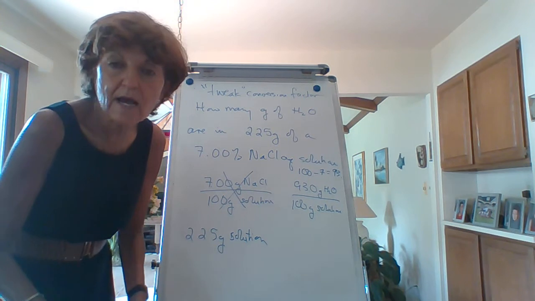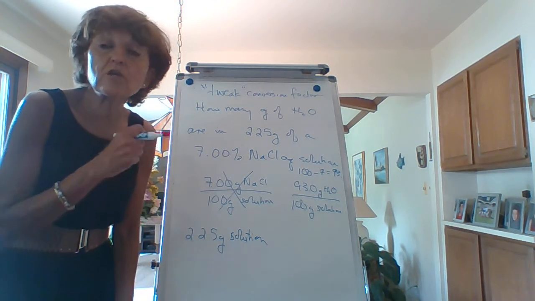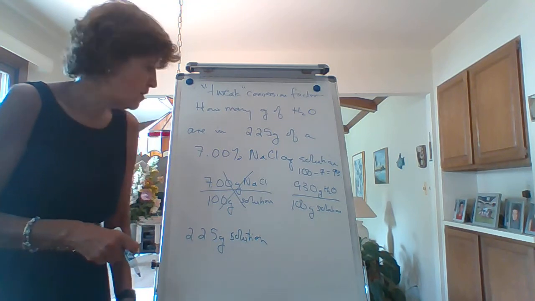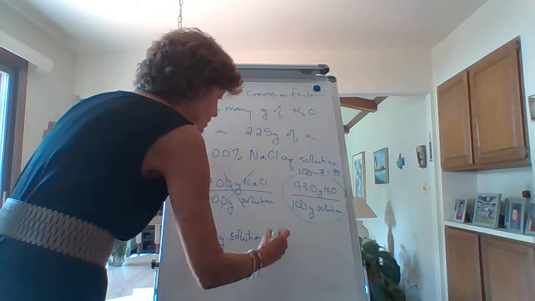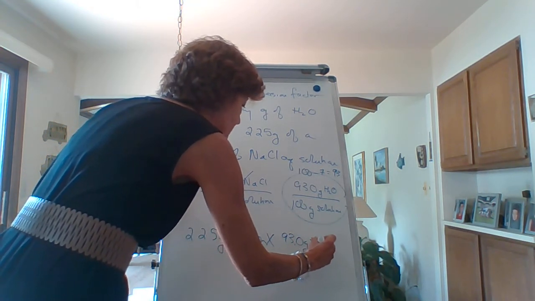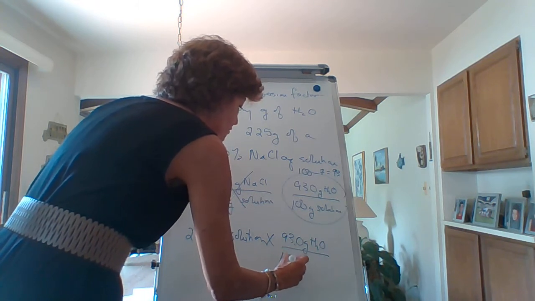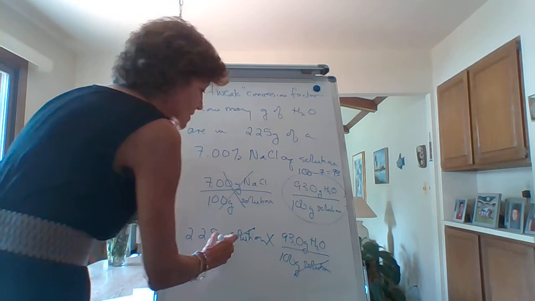This is how you're able to tweak a conversion factor to get you the units that you're looking for. So now I can just use this one beautifully right over here. I'm going to write 93.0 grams of water per 100 grams of solution. Look, grams of solution cancel with grams of solution.